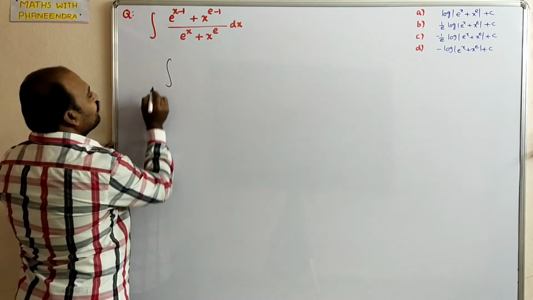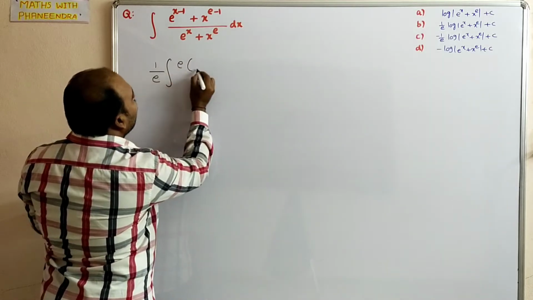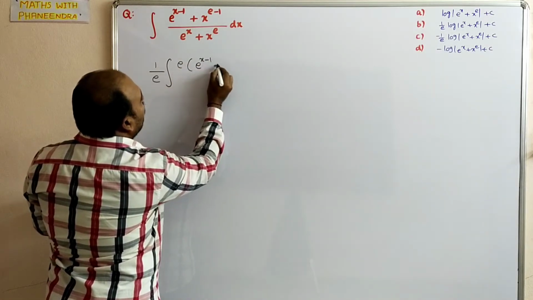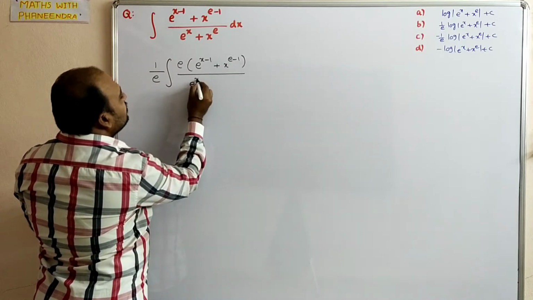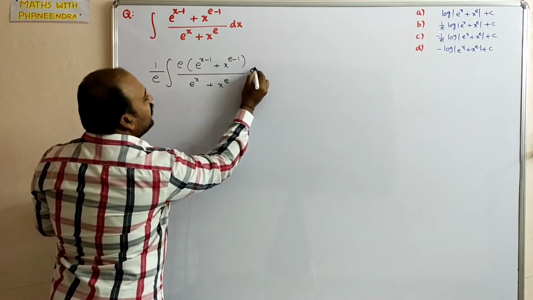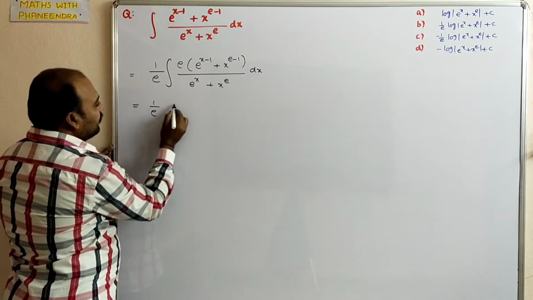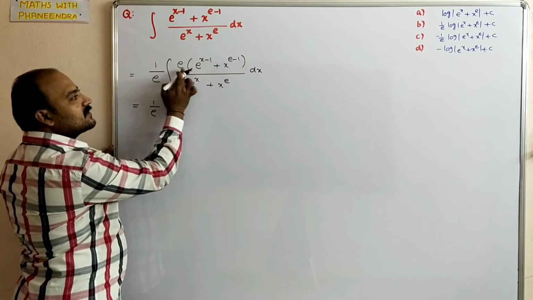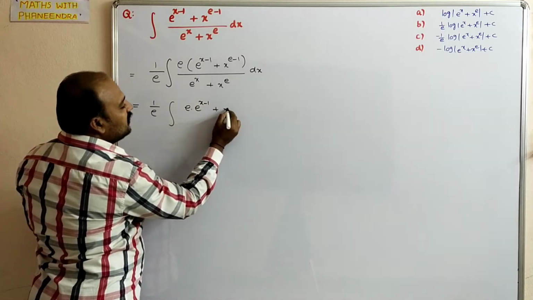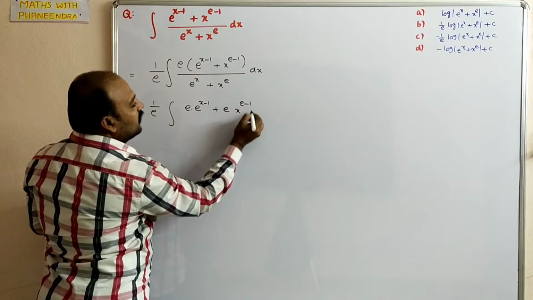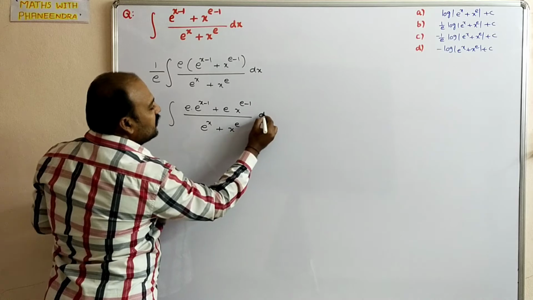See here, 1 by e, dividing by e, multiplying by e, integral of (e^x minus 1 plus x^(e minus 1)) divided by (e^x plus x^e) dx, which is equal to 1 by e, actual multiplication: integral of (e times e^(x minus 1) plus e times x^(e minus 1)) divided by (e^x plus x^e) dx.